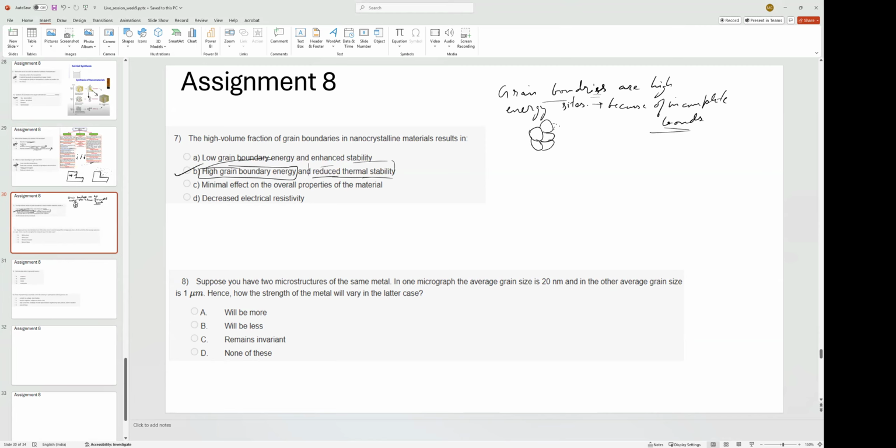So this also happens as you increase the temperature. These grains would want to grow into larger particles, thus reducing the grain boundaries.